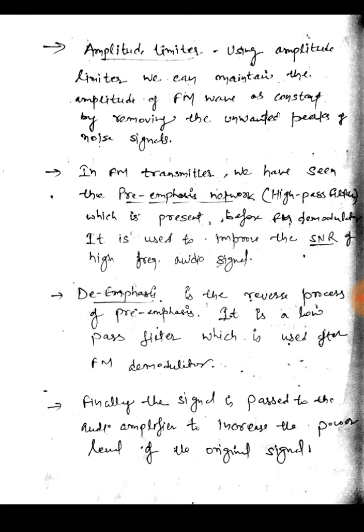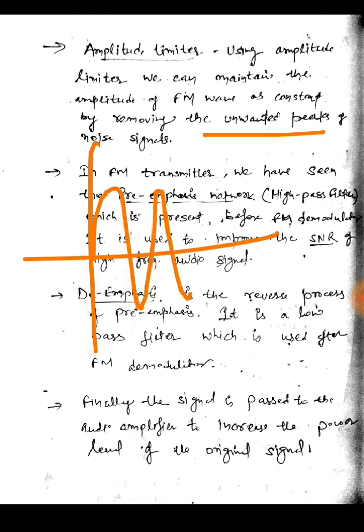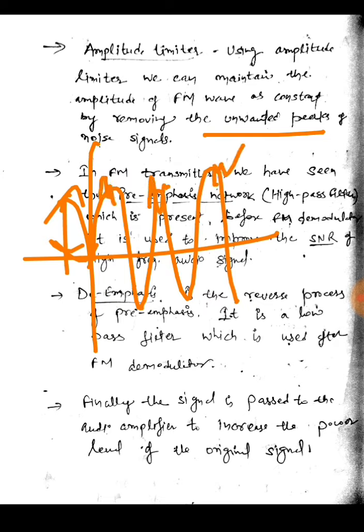We know that in a frequency modulated wave the amplitude of the carrier remains constant, but due to noise there are some noise peaks, which we can remove using the amplitude limiter to get a constant amplitude of the FM modulated wave.